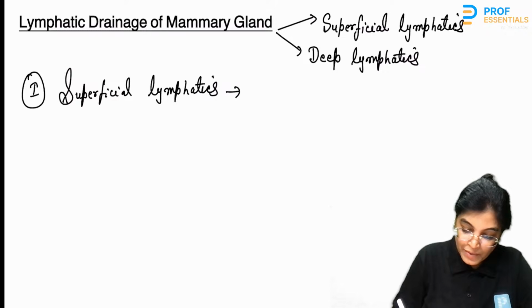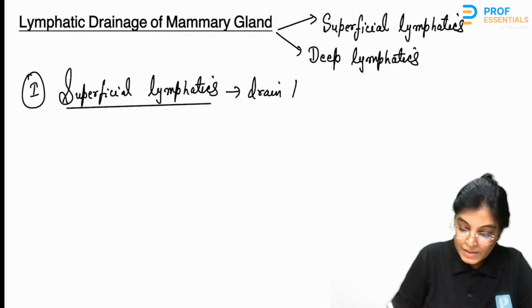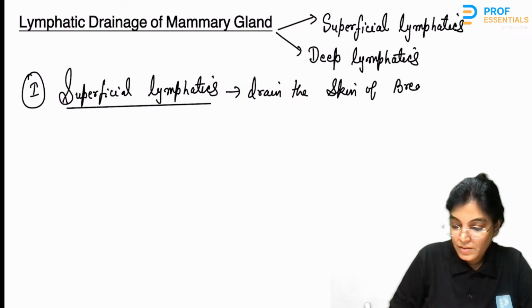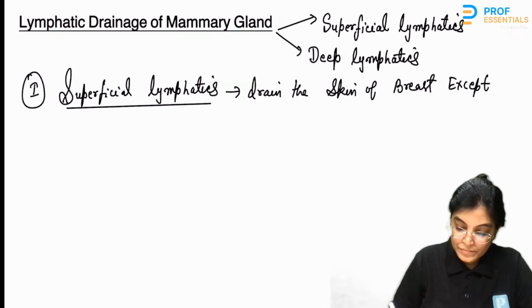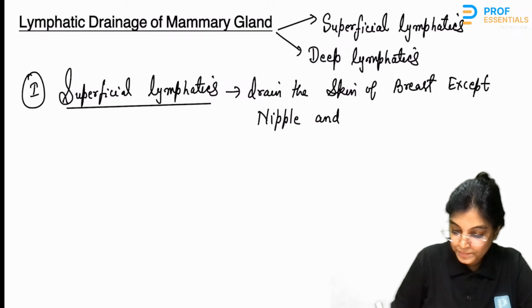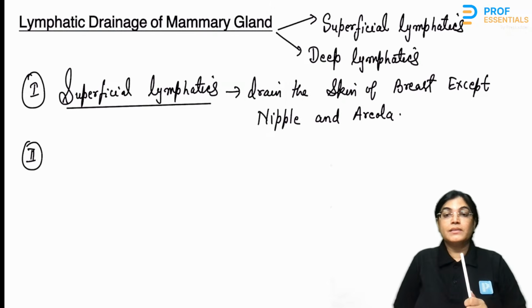So superficial lymphatics drain the skin of the breast except the nipple and areola. Got it? The second point: now we will talk about deep lymphatics.